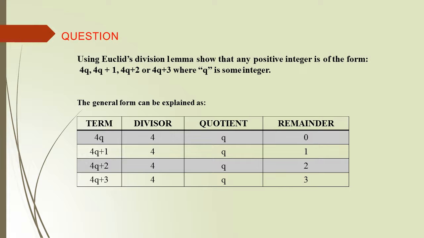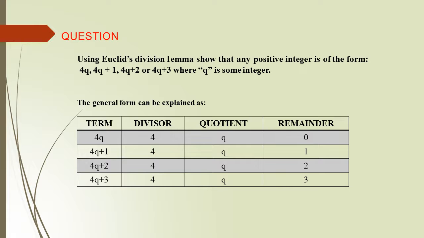Here the value of q will be positive because we're going to prove for positive integers. We all know integers can be negative as well as positive and 0, but here we are only taking positive integers.